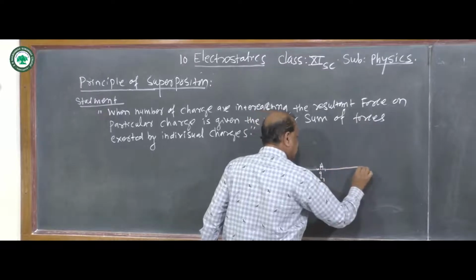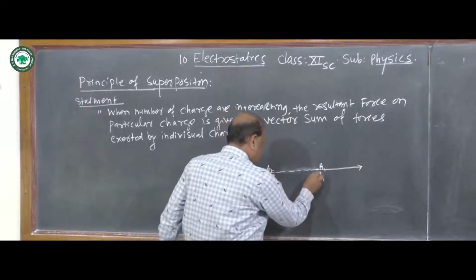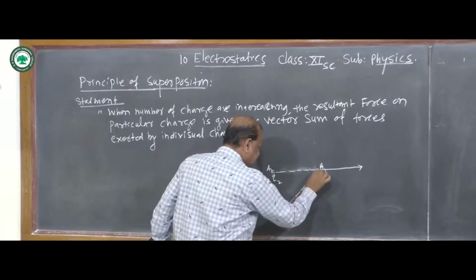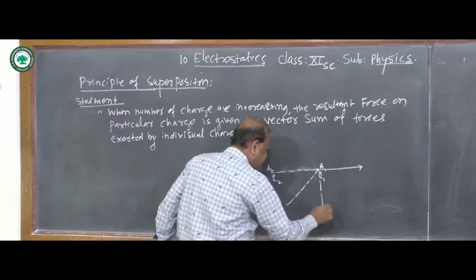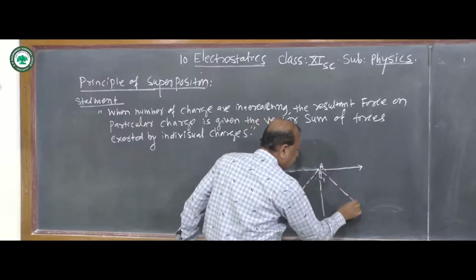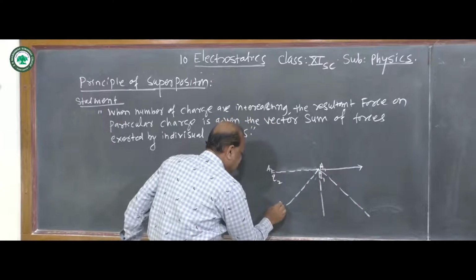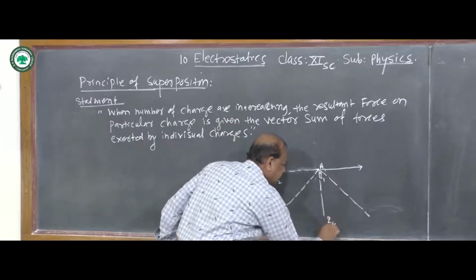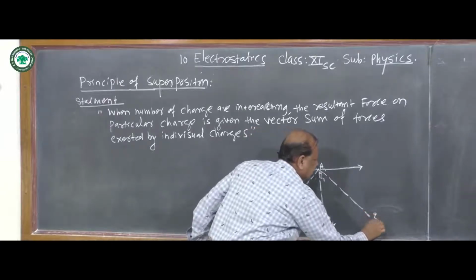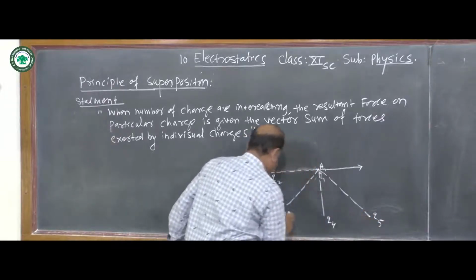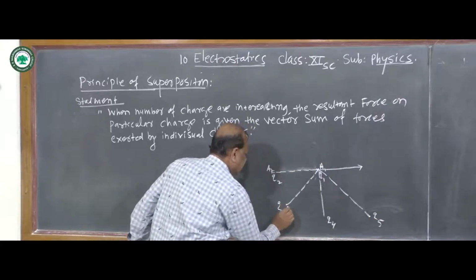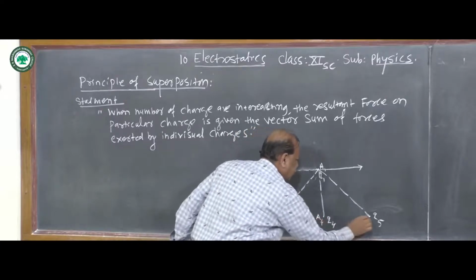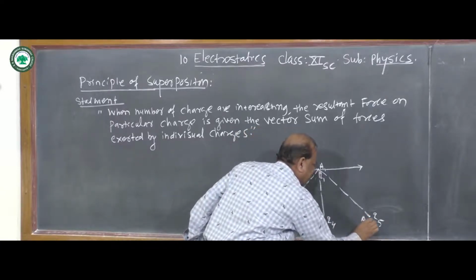Now here we draw this force acting here. Now we consider again other charges. This is charge Q3, this is charge Q4, this is charge Q5. These are situated at the points A3, A4, and A5.